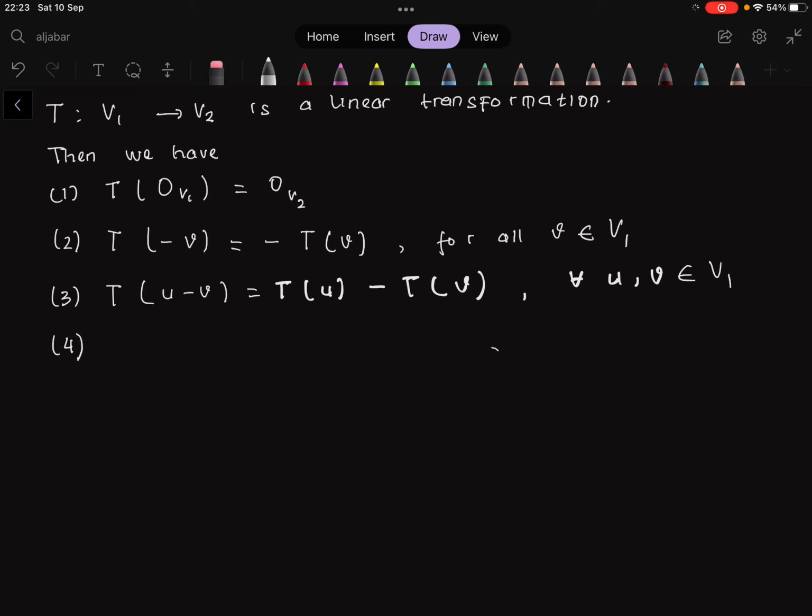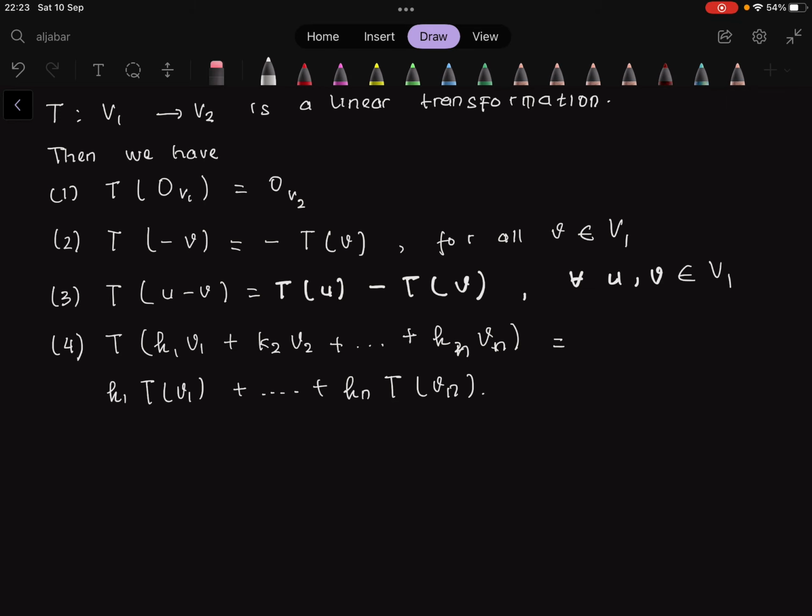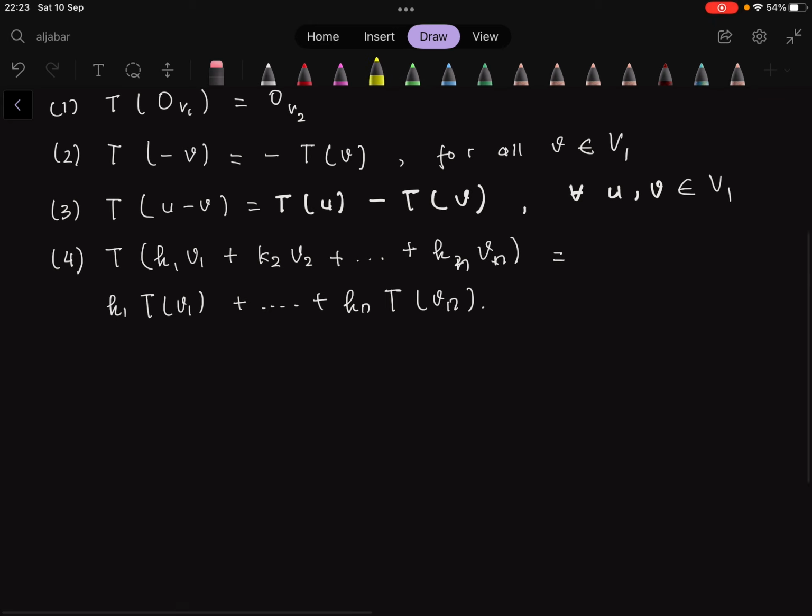And the fourth property: T(k1 v1 + k2 v2 + ... + kn vn) is equal to k1 T(v1) plus ... plus kn T(vn). Okay, so let's prove this theorem.